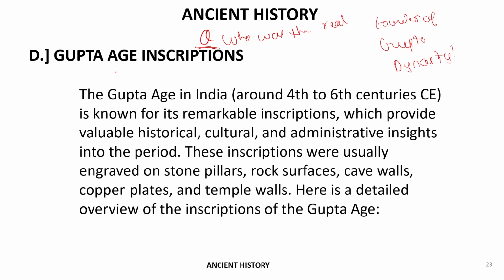The answer is Chandragupta. Chandragupta was the real founder of the Gupta dynasty because he was the one who brought the dynasty to the highest of its heights. Do not confuse it with Chandragupta Maurya, who was the founder of the Mauryan dynasty. Just remember the difference.